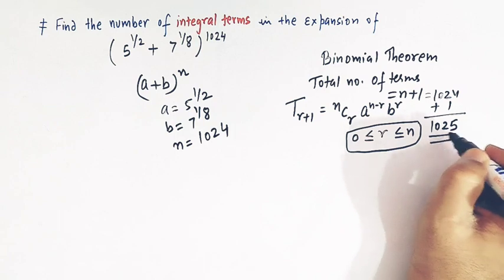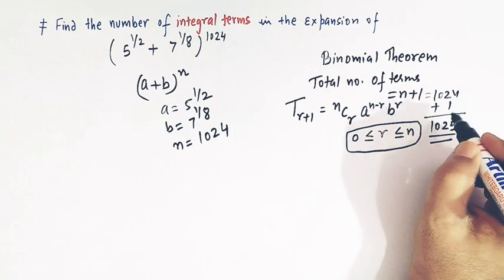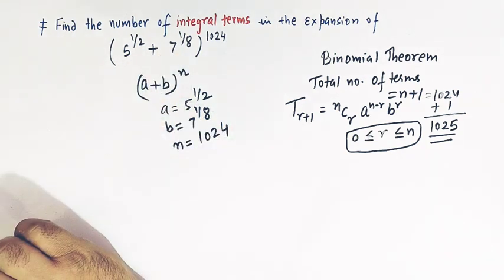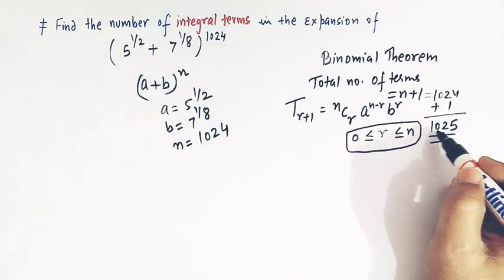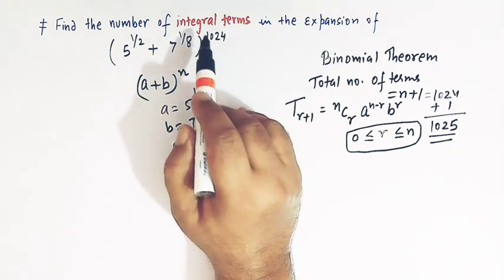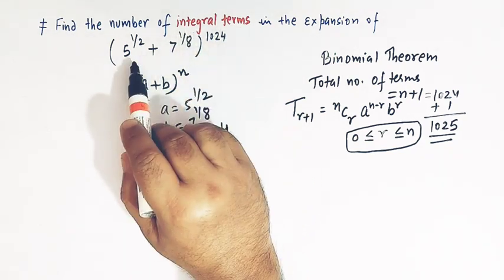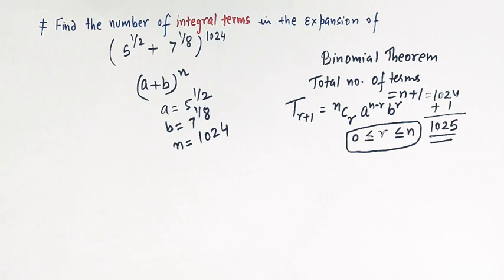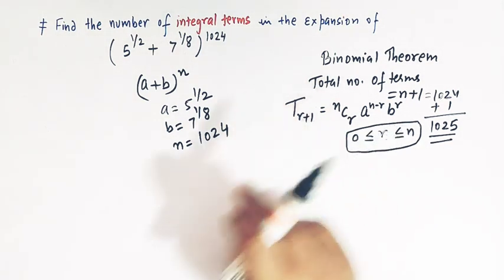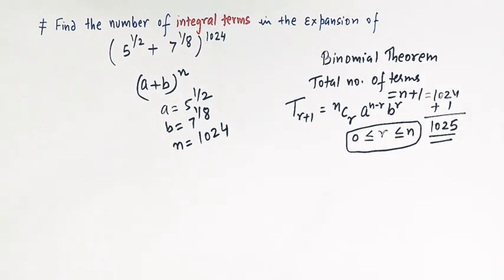So 1025 is the total number of terms in the expansion of this binomial. Out of these 1025, we have to find the total number of integral terms. Let us first write the expression for the general term.